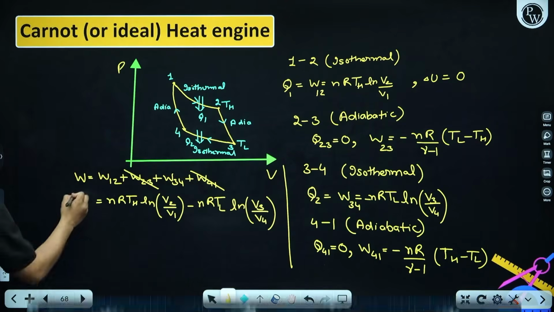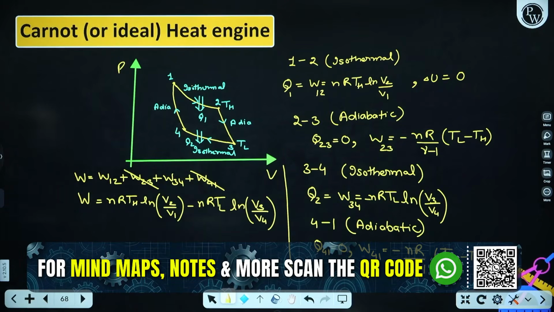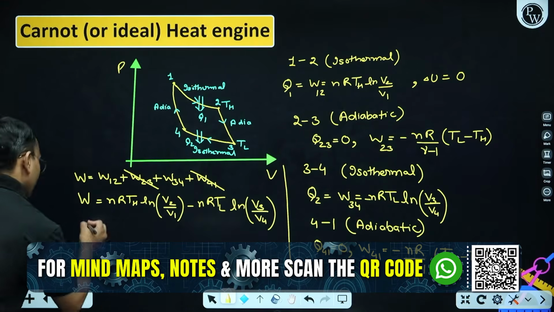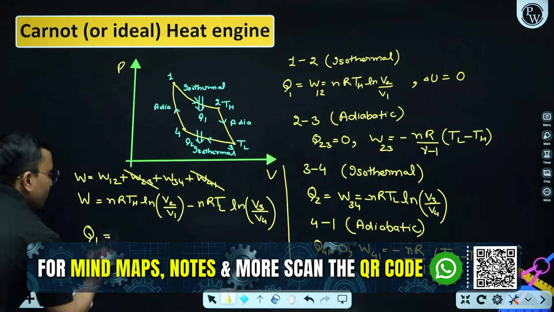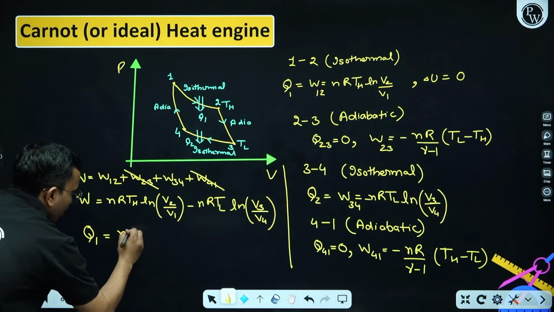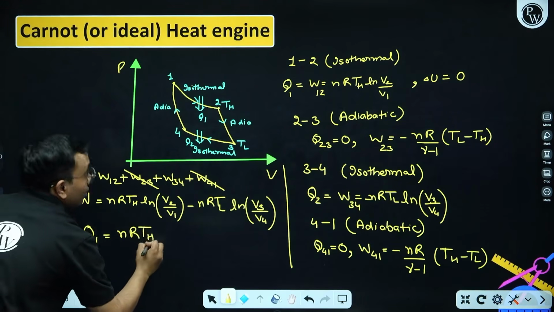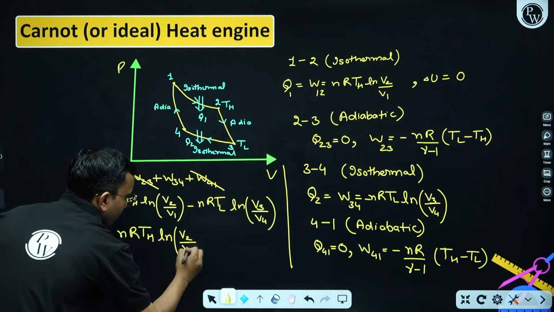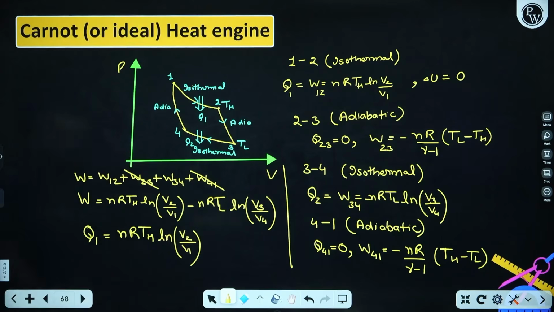This is my W net total. What is the heat given to the system? Q1. Q1 is nRT high ln V2 by V1. Now try to find the efficiency, W by Q1. That is my efficiency.